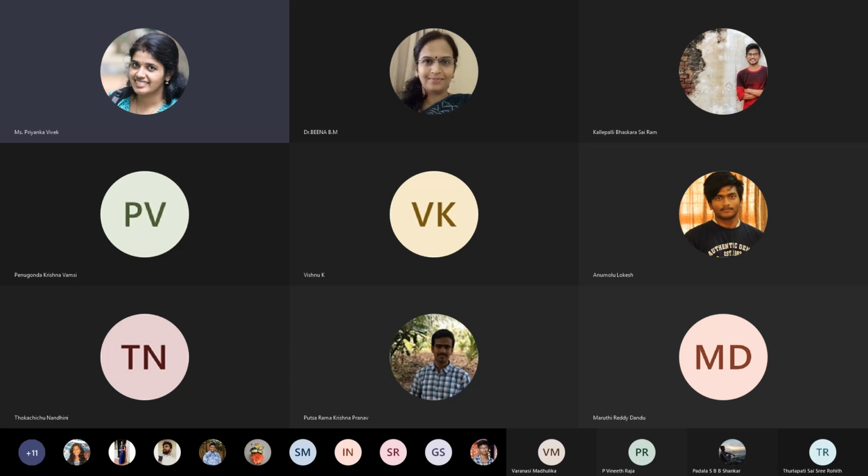By the time they come to the next lab, they'll be clear with the groups and the data sets. In the next lab, we'll go through each team, like what problem and what data set they have taken and where they have taken it from, so we'll have a rough idea whether it's fine, and later we'll not have issues.